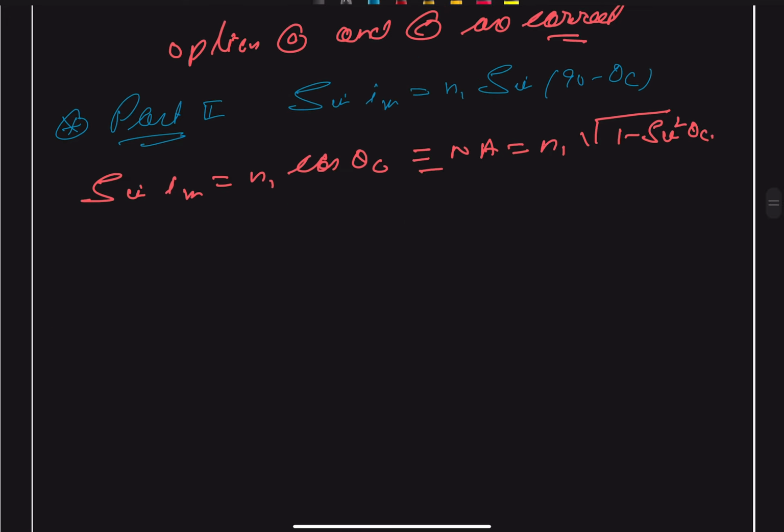So the numerical aperture is N1 times the square root of 1 minus n2 square over n1 square. Taking n1 square common, this gives the square root of n1 square minus n2 square.